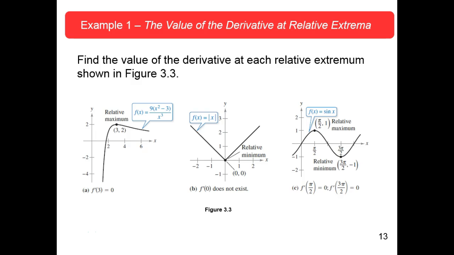Find the value of the derivative at each relative extremum shown here. Okay. Here's the function, and it tells you that's the relative maximum. So we need to find the derivative of that. How would we do that? Anybody?